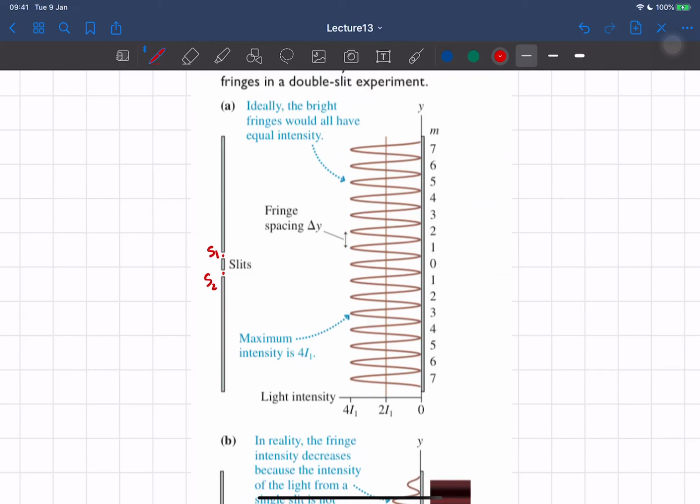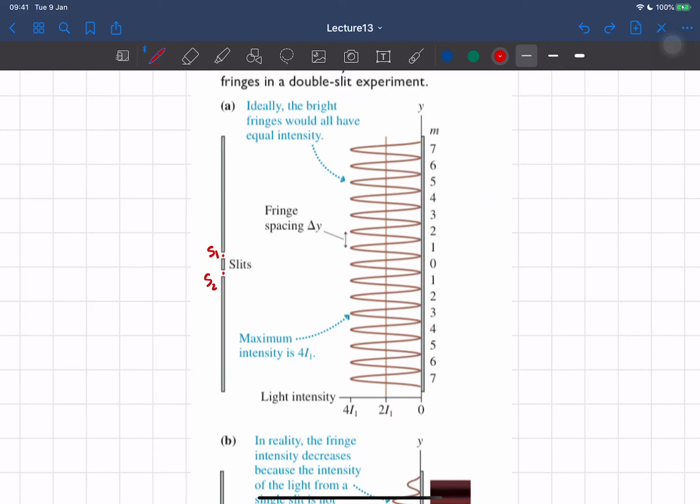So you have two light sources, S1 and S2, and in order for us to see the light, usually we put a piece of paper and use that as a screen, okay? And then you're gonna see light which can be bright or can be dark on that screen. And that's what is being drawn here.